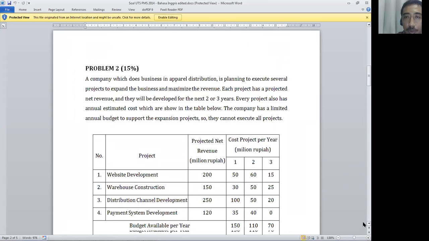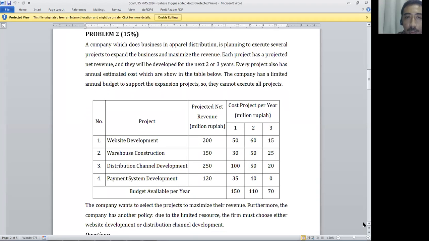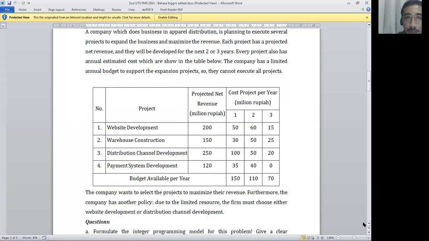So if you find it in the midterm, make sure you make no mistakes here, because this is where you get full marks. You should be able to get full marks. So be careful. Let's see how we deal with this kind of problem. This is the question.